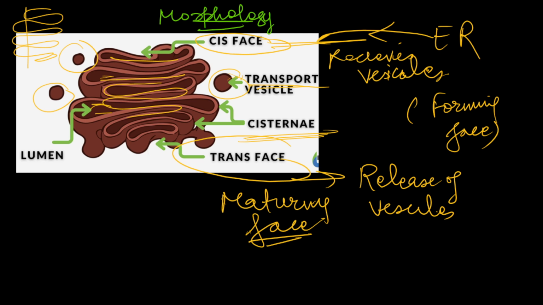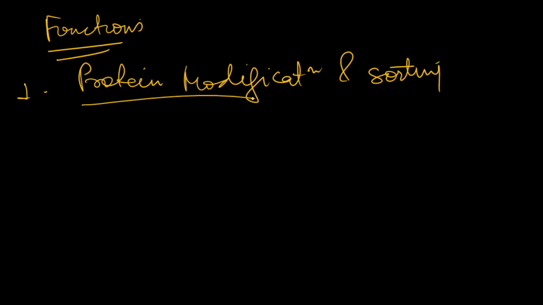Suppose some protein comes from the rough endoplasmic reticulum. It starts to mature, it is modified, it gets sorted, and then from the maturing phase those modified and sorted proteins are released. This is the Golgi body's primary function.